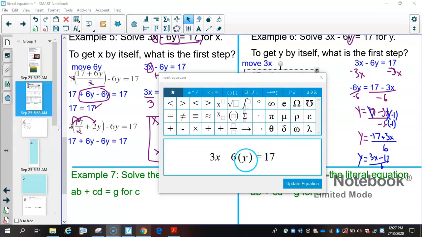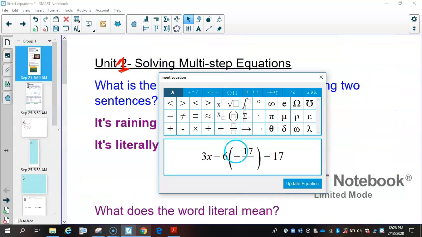So I need to take out this y, just the y, and put in negative 17 plus 3x all over 6.